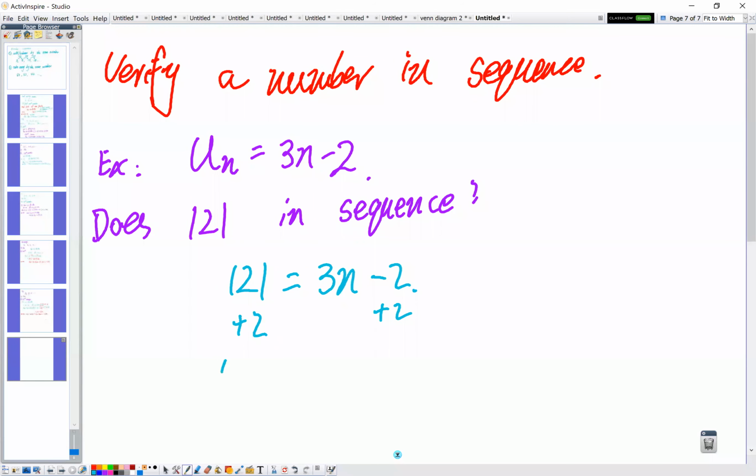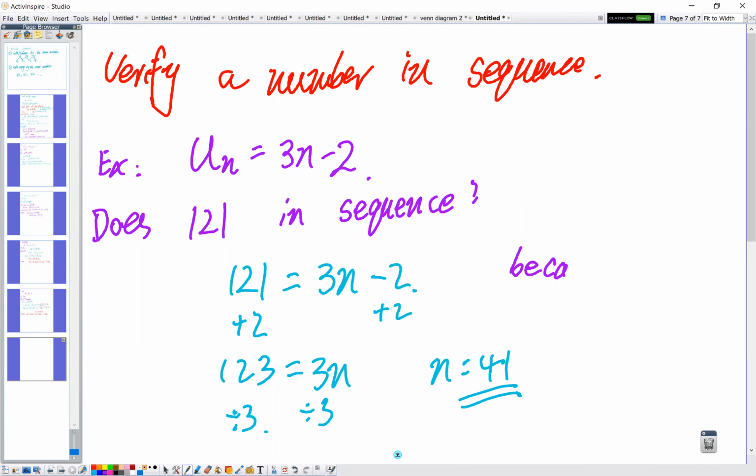So it becomes 123 equals 3n. Then we divide by 3 on both sides. You can see n becomes 41. This is a whole number, because 41 is a whole number.